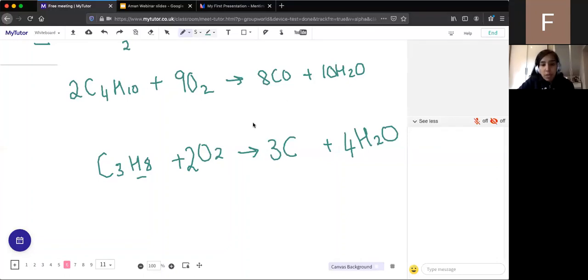Someone's asking, if you were to conduct the incomplete combustion of an alkane, would the carbon monoxide dissolve in the water if left for long enough and at the correct temperature and pressure? Would the product of this be a carboxylic acid? So that's a really good question. When we undergo combustion and incomplete combustion, often the water that's produced is actually a bit of a gas. And so the water and the carbon monoxide will not react because carbon monoxide is a gas.